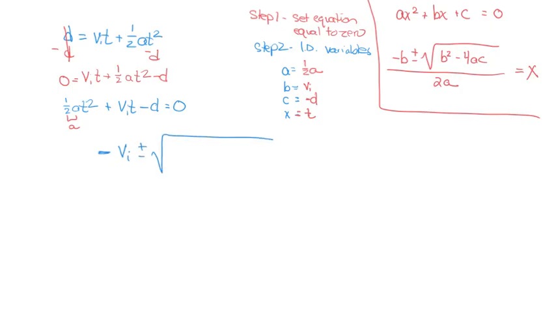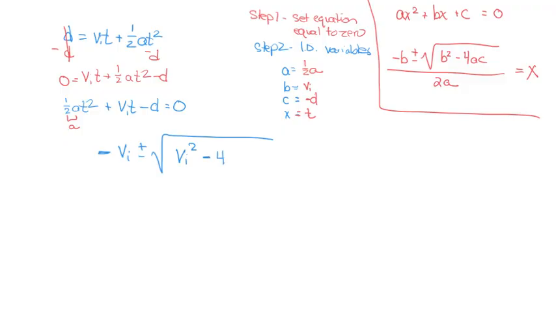And then plus or minus the square root of b squared, and our b is vi. So I need to square the vi, has to be squared. Make sure it's a superscript and not a subscript. And the next thing in the quadratic equation is minus 4. There's nothing to substitute there.